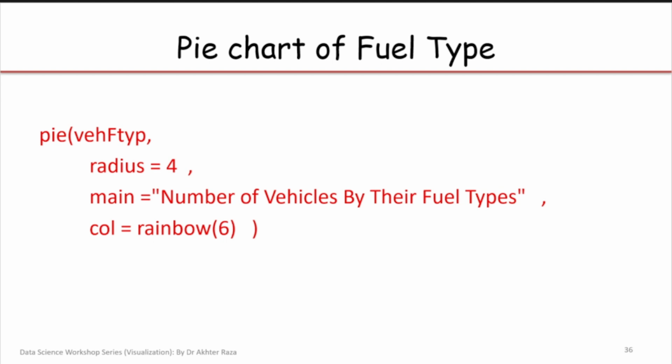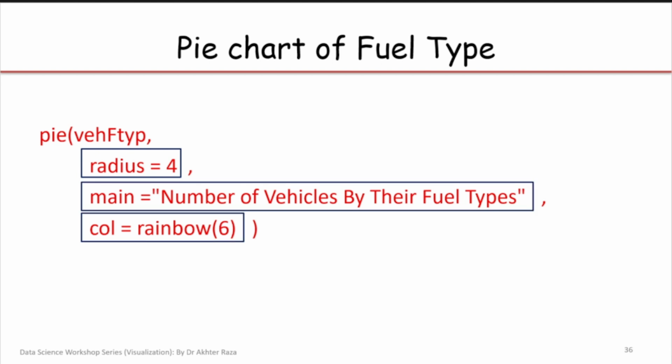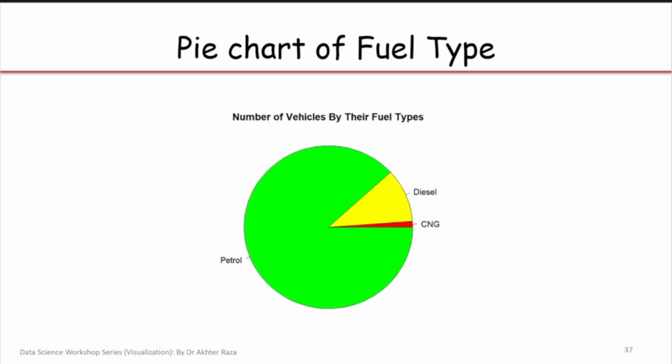The main title is the number of vehicles by their fuel types. I use the rainbow color here, so different colors will be used for the vehicle types. The output is this. Most of the cars are on petrol, some of the cars are on diesel, and CNG is represented by the red color. And the title is over there.